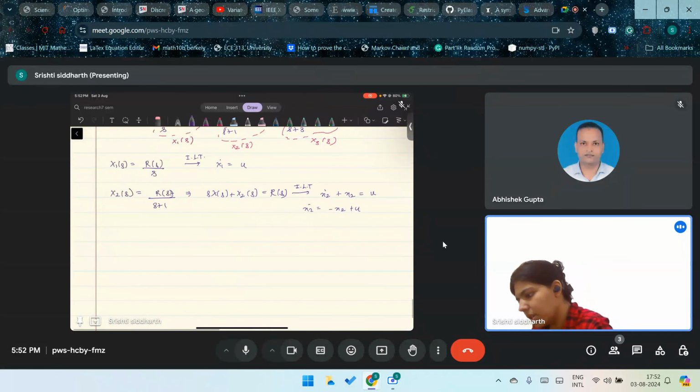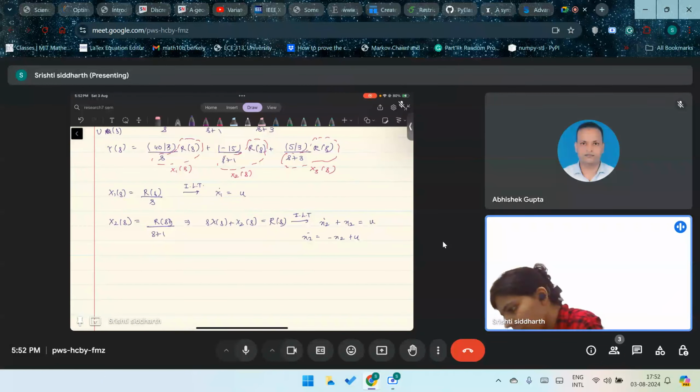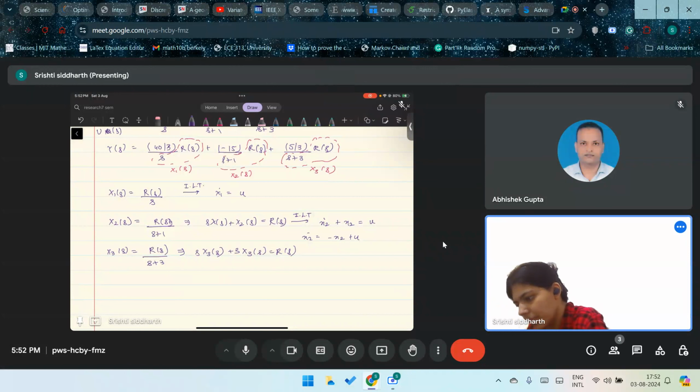Now we have the last state, so we have X3(s) equals R(s) over s plus 3. This implies that (s plus 3) X3(s) equals R(s), and then we have the inverse Laplace transform.